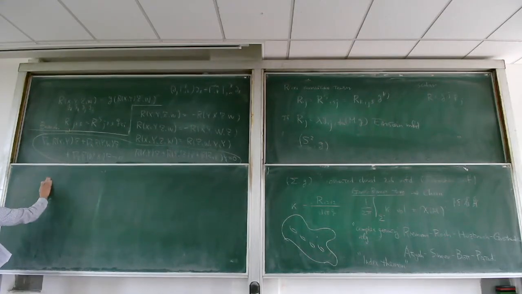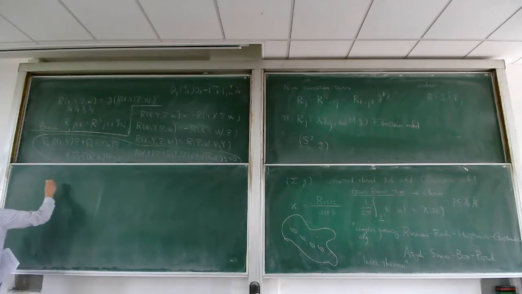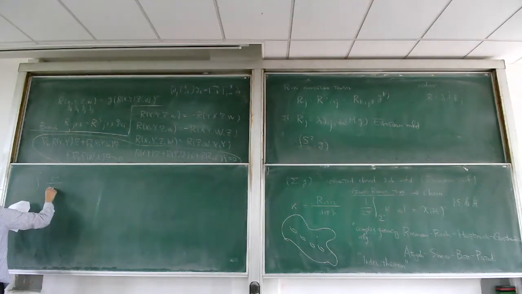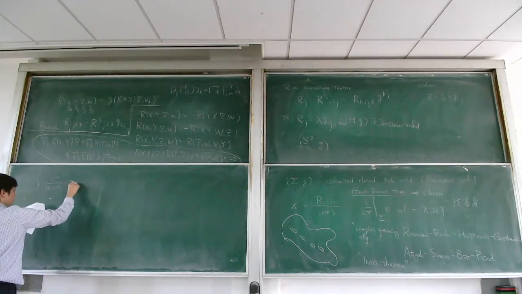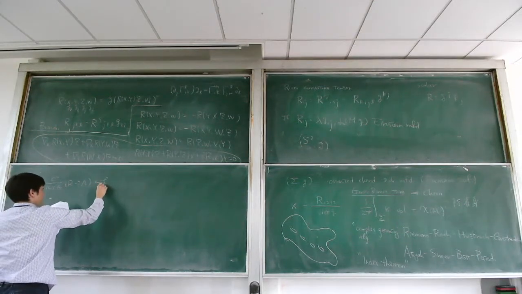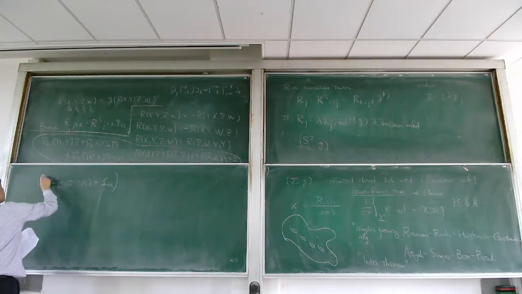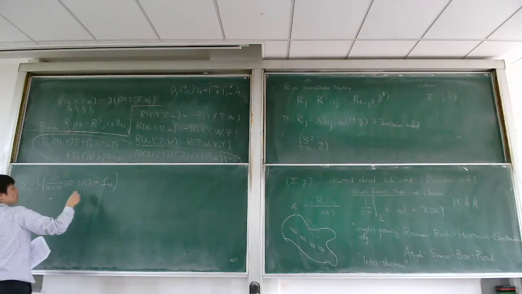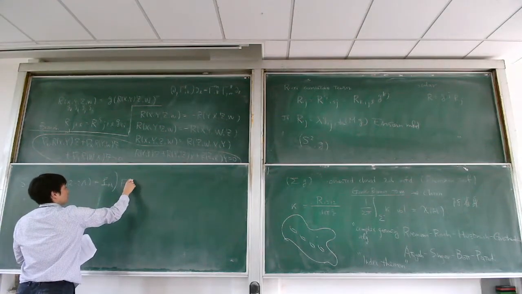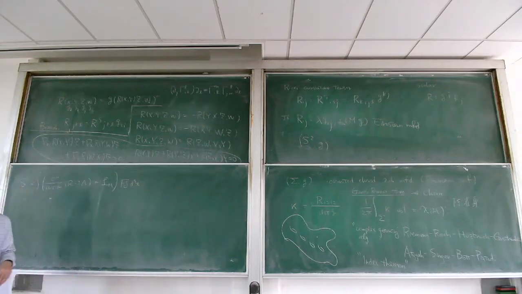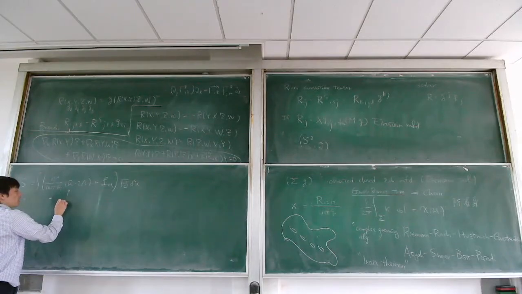So once you start with the action, this is the action. R is the scalar curvature.